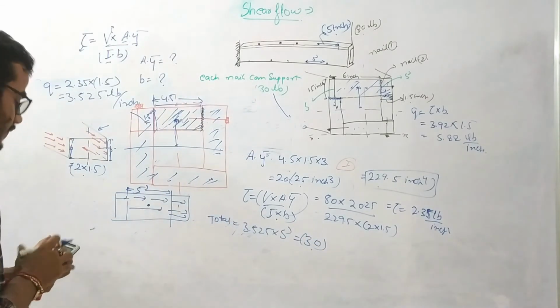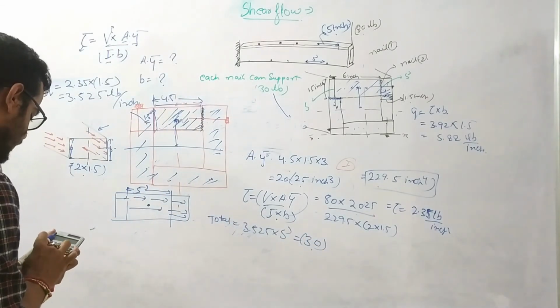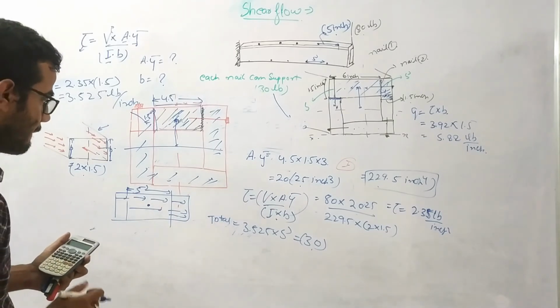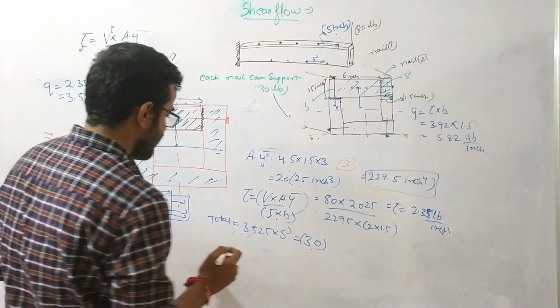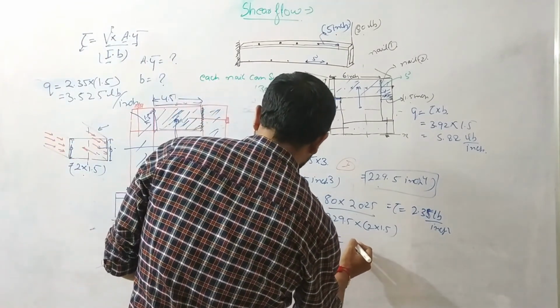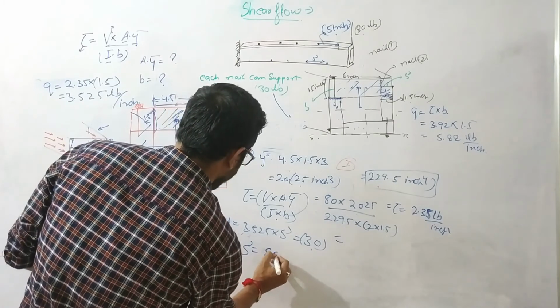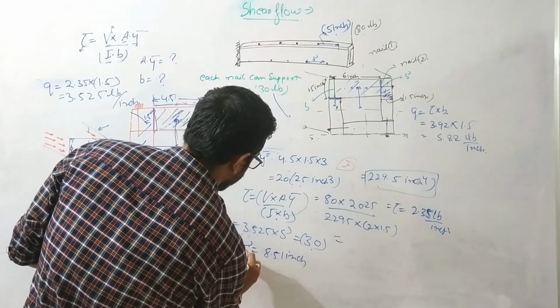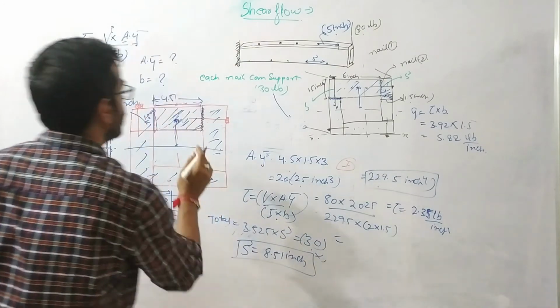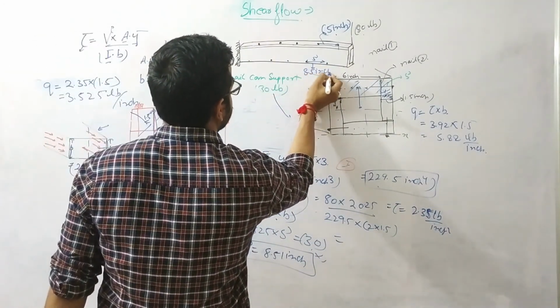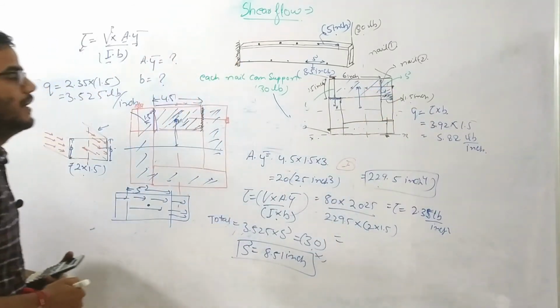So 30 divided by 3.525 gives s dash equal to 8.5 inch, the spacing for this nail.